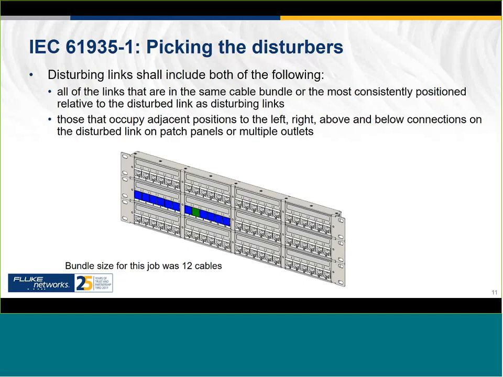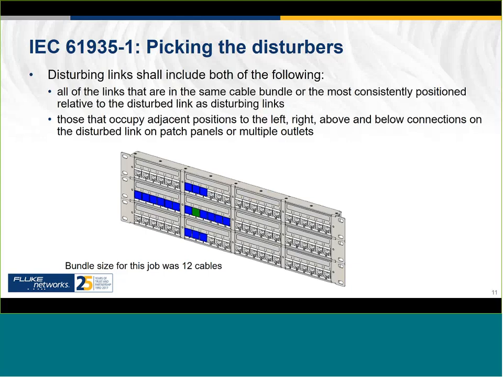So if we plug that into the equation, we have cables above and below. So if we were going to Alien test this particular installation, we have 11 plus 6, we have 17 disturbers to consider against this victim cable.